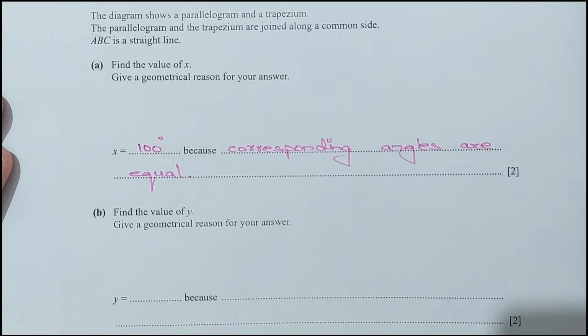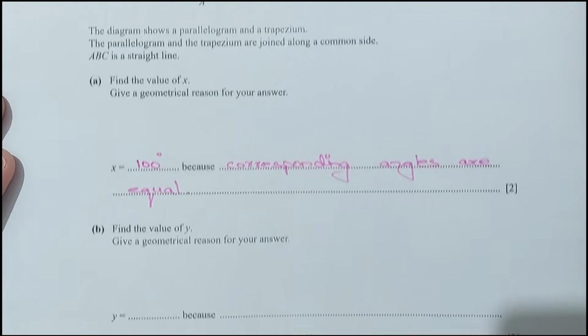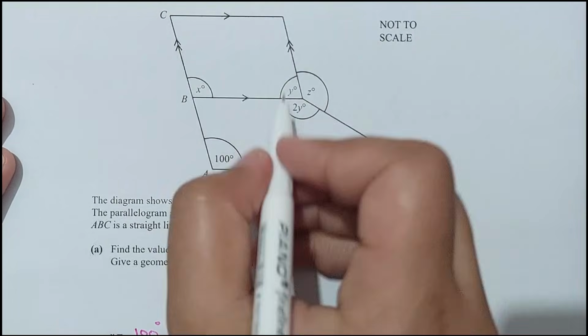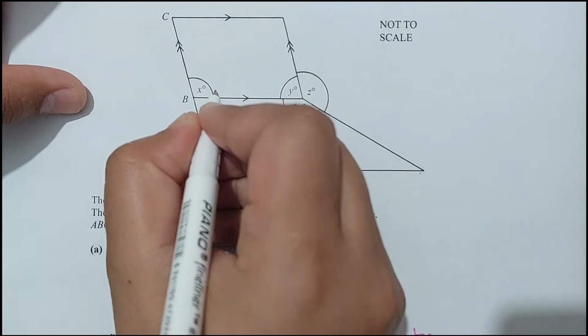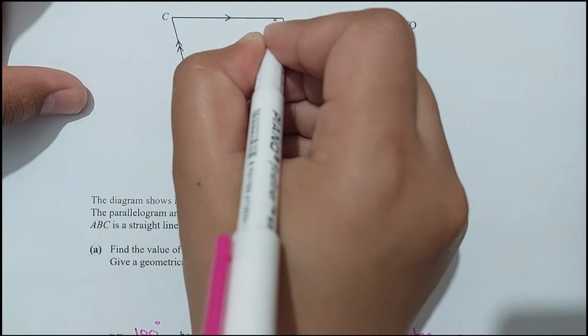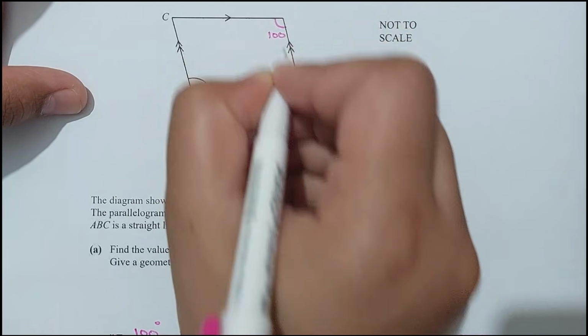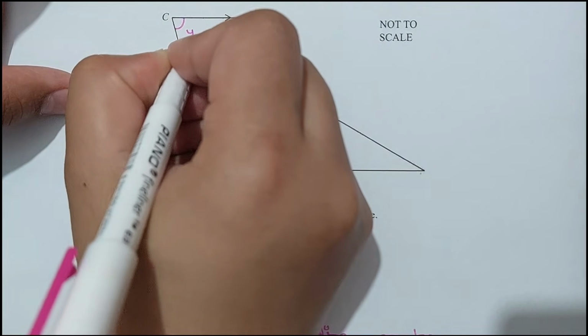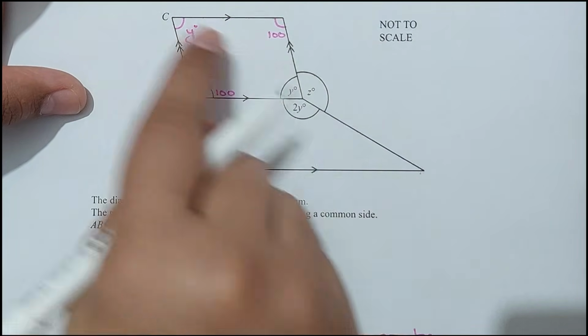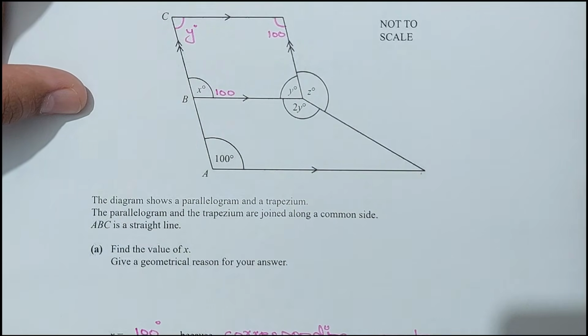Part B, find the value of y, and give a geometrical reason for your answer. Where is y? y is over here. If this angle is 100, this angle is also 100. If this is y, this is also y. Opposite angles in a parallelogram are equal, right?